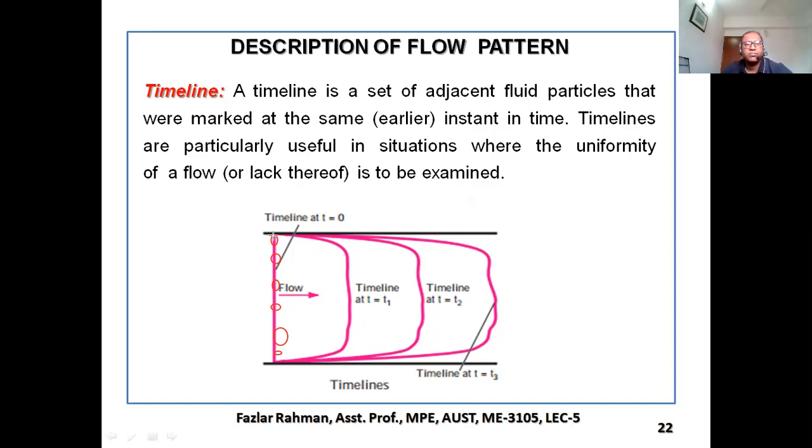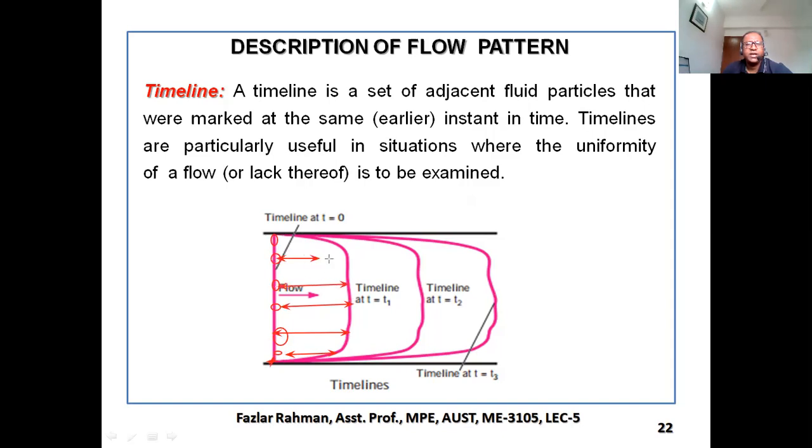This fluid particle has velocity almost zero because it is close to the wall. Same for this one. But if you consider a fluid particle a little bit away from the wall, it travels this much distance. This one travels this much, this one travels this much.